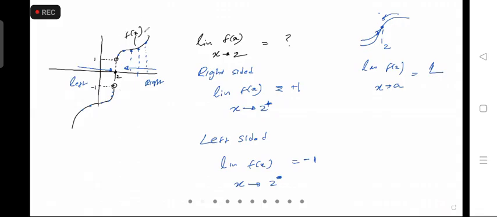Actually, for this function, the limit does not exist, right? Now you have a point where a limit exists. There is something that has to happen. Now you know how to write it.